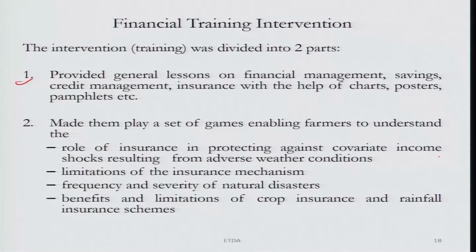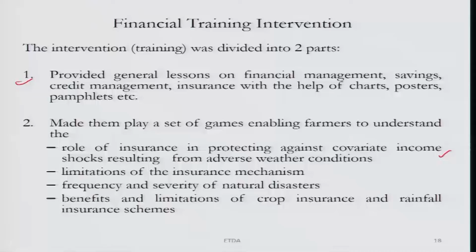As we were discussing before, every farmer faces a correlated shock when they are all living in the same village, so a module was given to them where they understand the implications of these correlated shocks. Then they were also told about the limitations of the insurance mechanism, so that they fully understand that this is not only a benefit, but there are also risks attached to an insurance product.